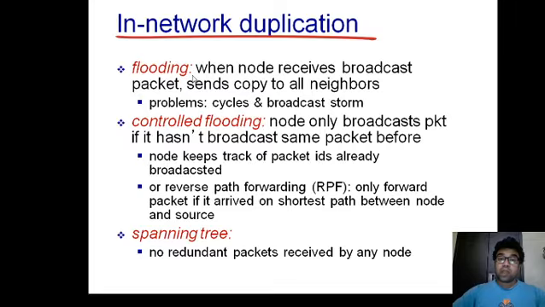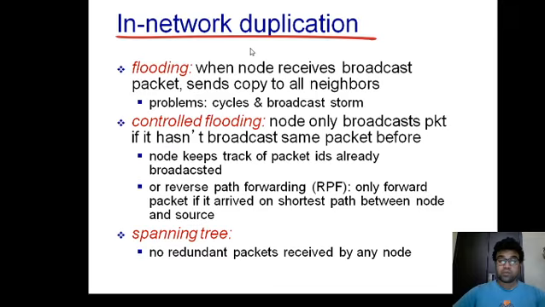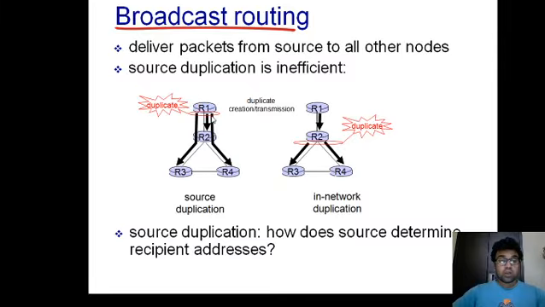When you do flooding, when a node receives a broadcast packet, it sends a copy to all neighbors, which means if this particular node receives a packet from R1 to broadcast, for flooding that information, this router doesn't require all the IP addresses present in this network.